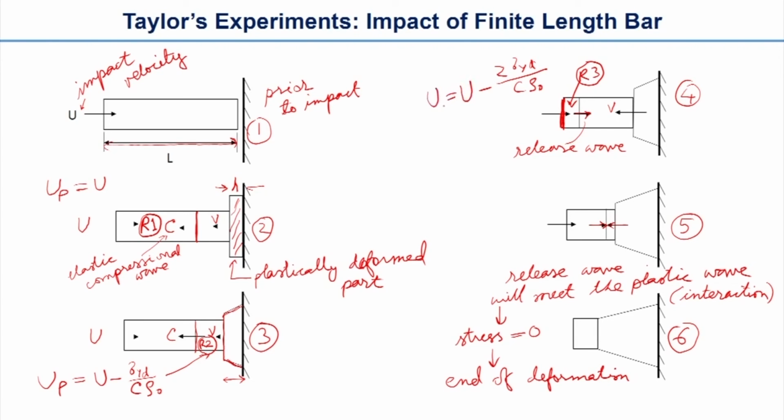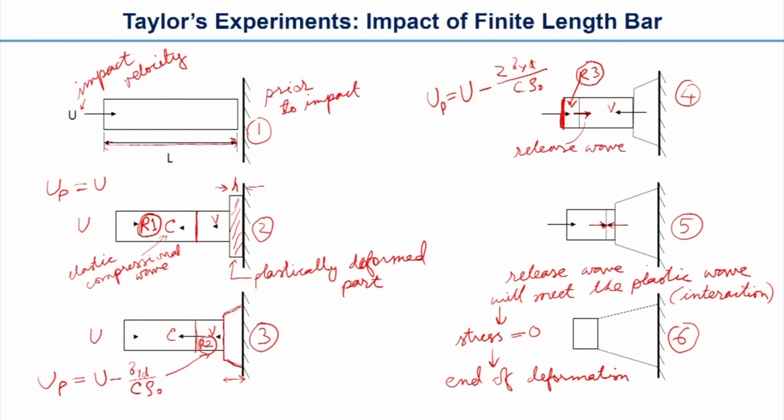The resultant particle velocity is equal to the impact velocity u minus twice sigma yd by c rho naught. So what we learned here is we have region 1, region 2 and region 3, with different particle velocity.